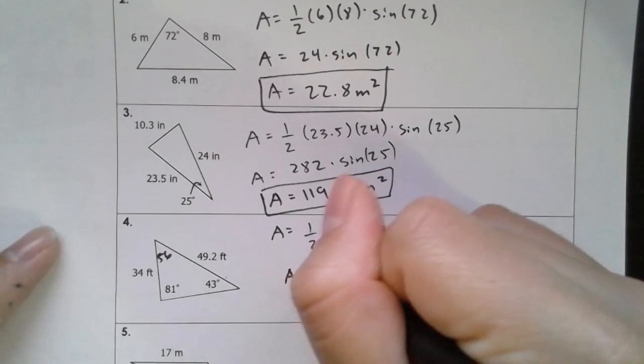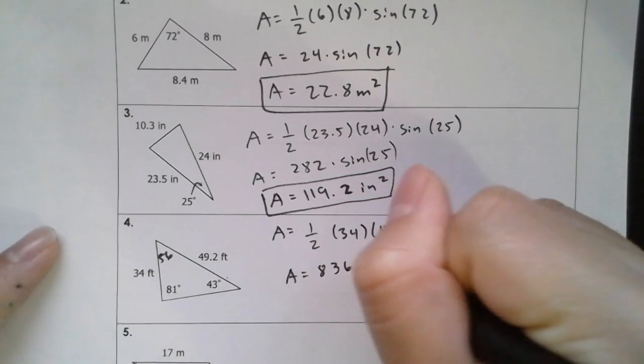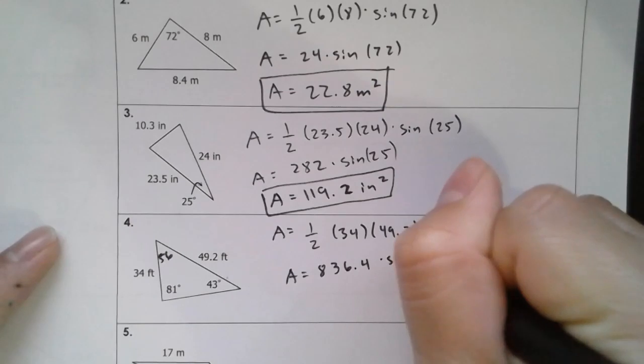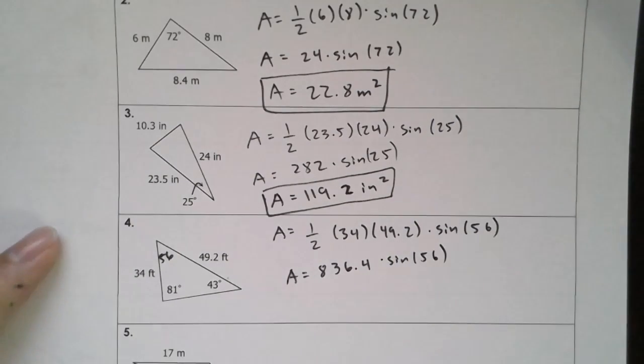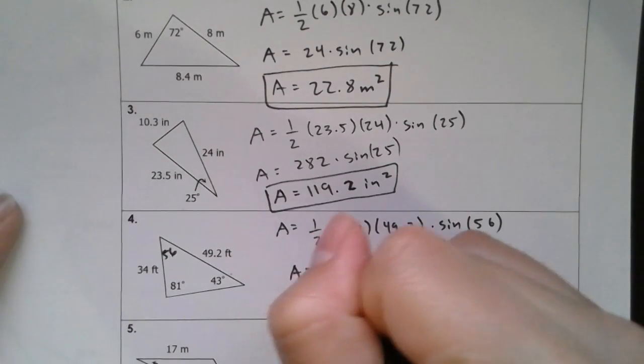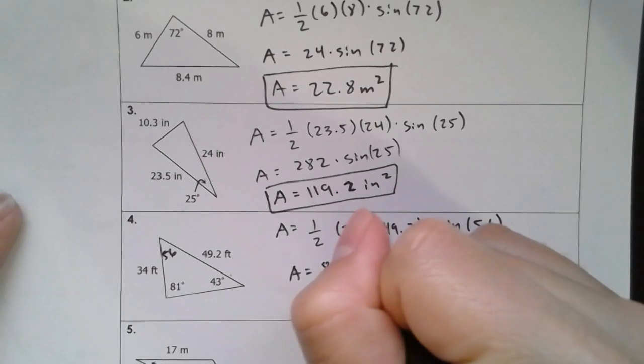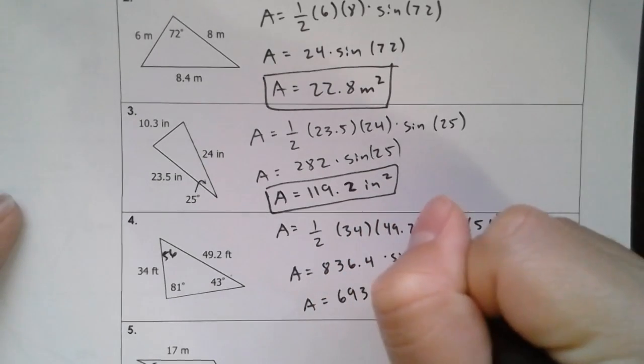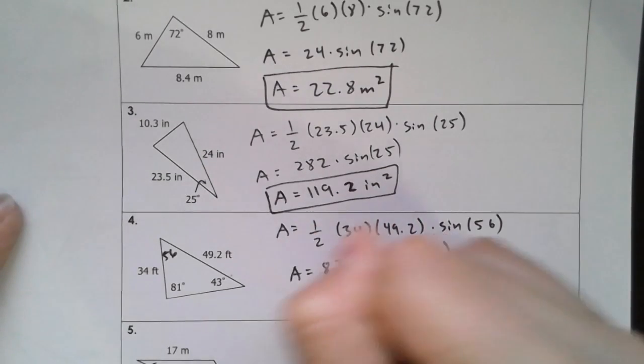You're going to get 836.4 times the sine of 56, and then put that in your calculator. You're going to get that the area is equal to 693.4 feet squared.